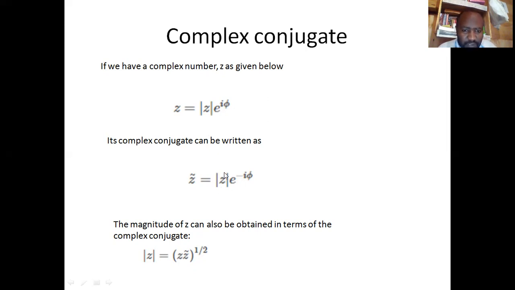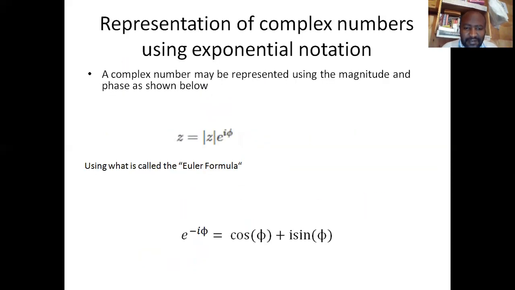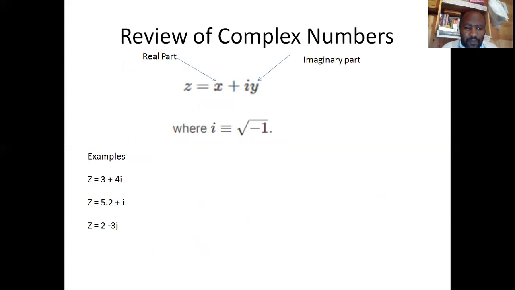What changes is the sign of the phase, so that if the phase was positive, now the complex conjugate phase will be negative. Okay, that's the difference.